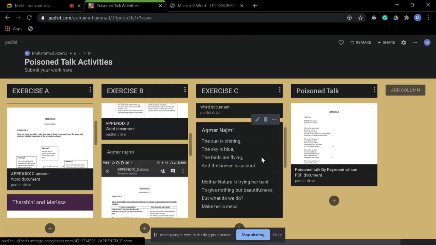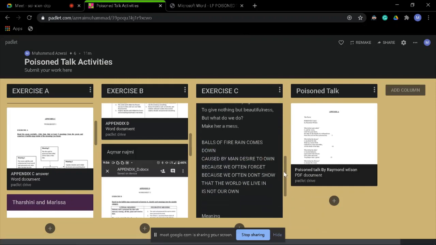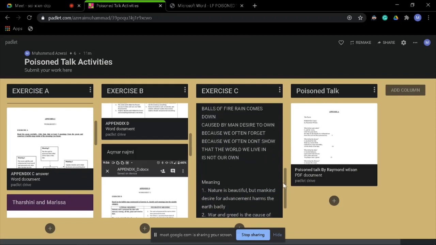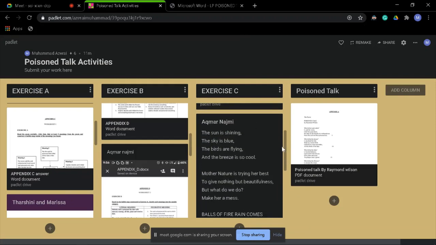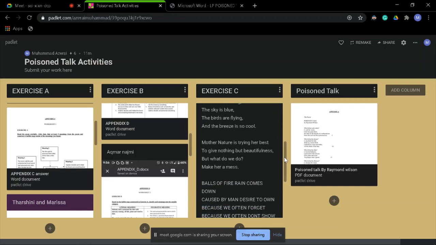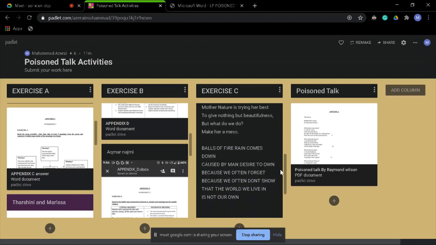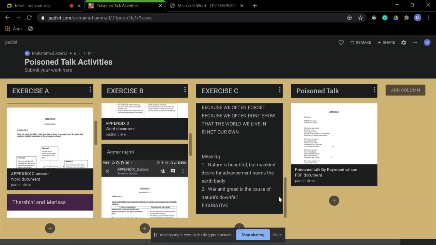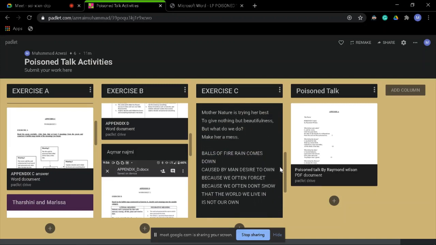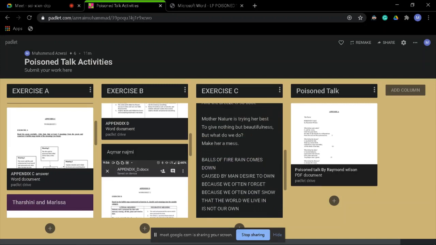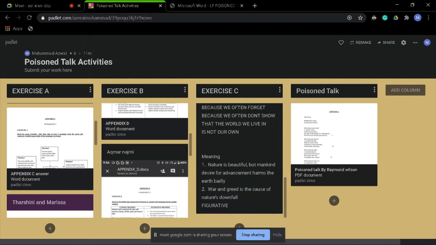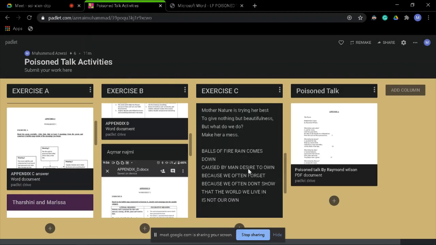Okay, Akmal and Najmi's group answers are here. Wow, very passionate. I made it on my own. I use Eminem as inspiration because he is always angry, right? Okay.